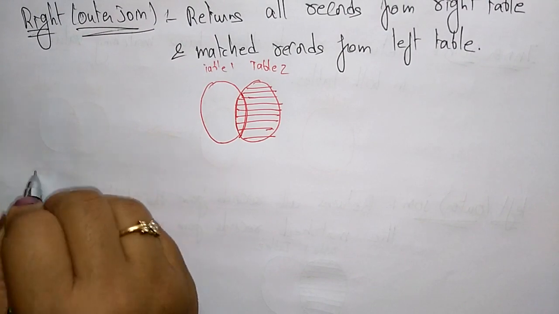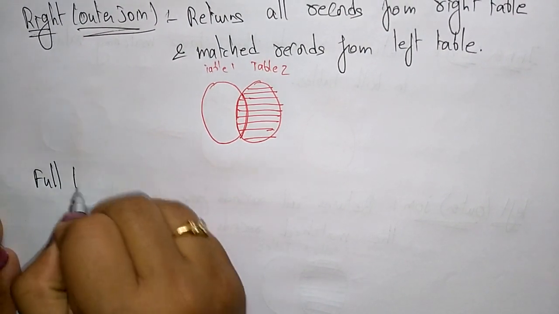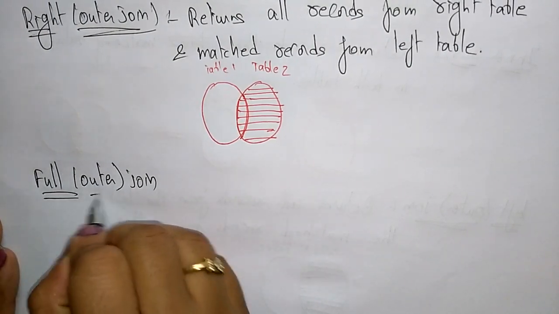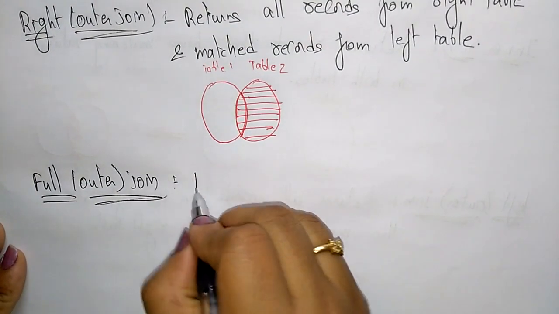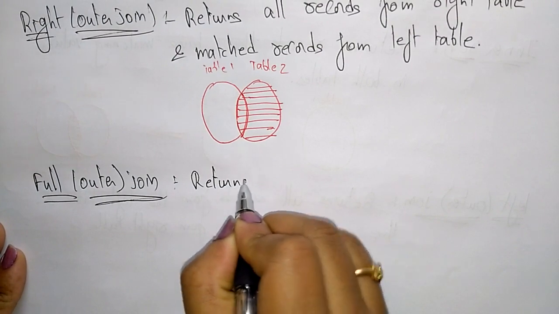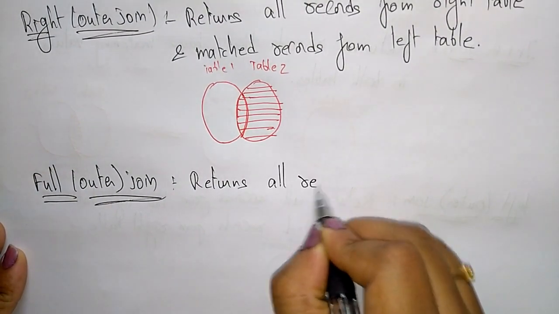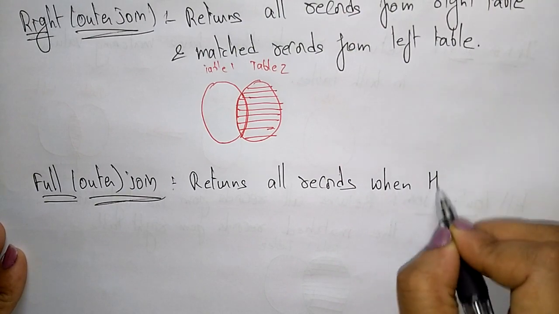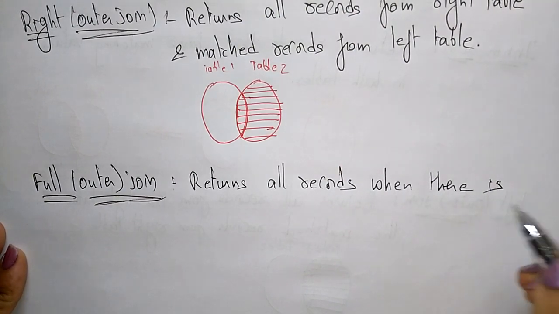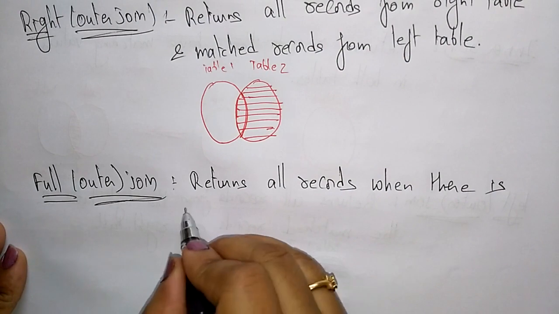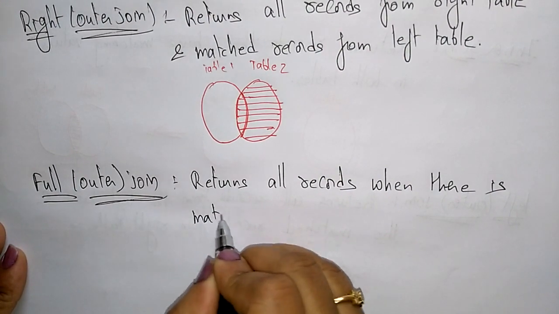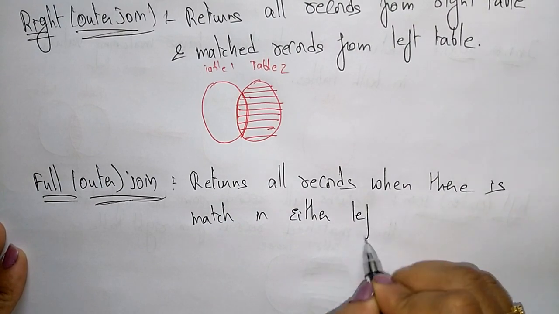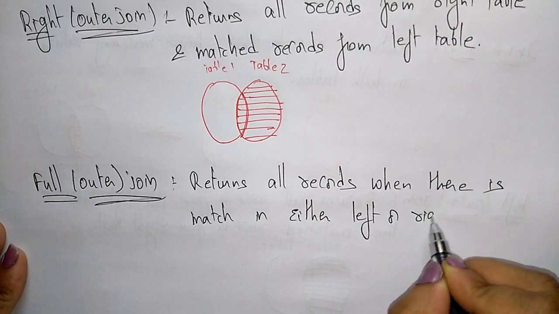Next is the full outer join. Full outer join means complete. It returns all records when there is a match in either left or right table.